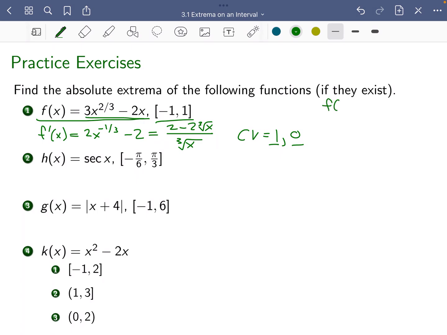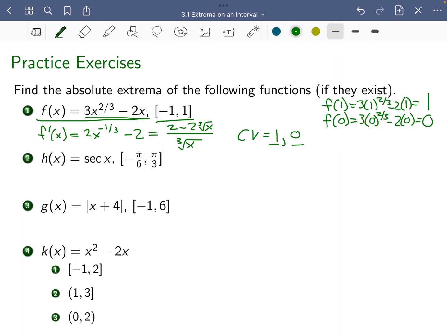So f of 1, if we take f of 1, we will get 1 itself. f of 0, we get 0.